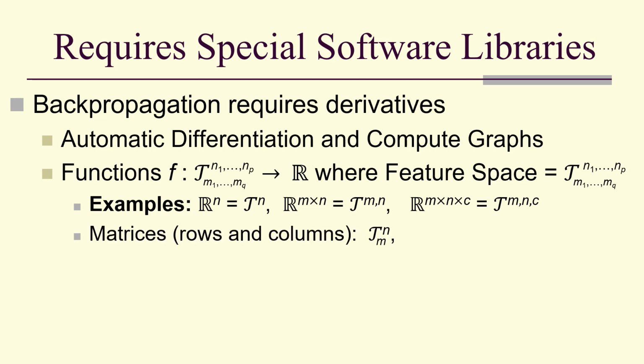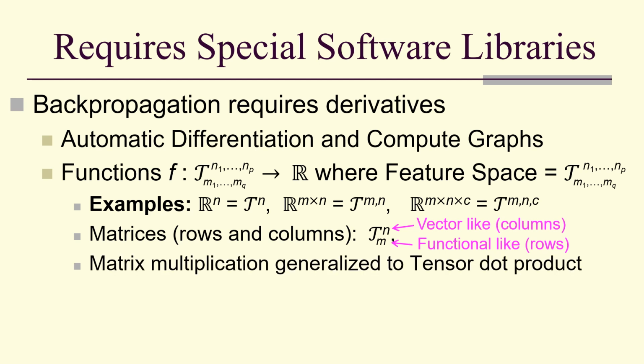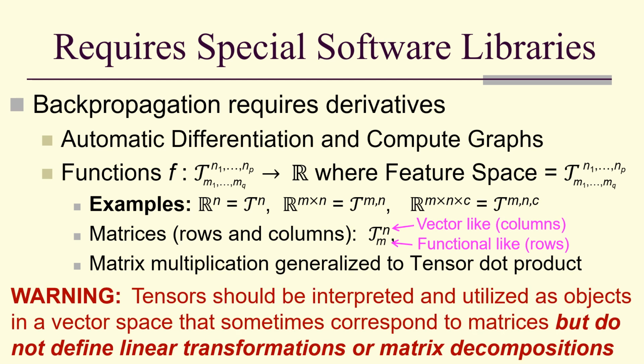Matrices have rows and columns, so an index for the rows and an index for the columns. Vector-like columns, linear functional-like rows. And matrix multiplication generalizes to the tensor dot product. But we're not going to do much with tensor dot products.